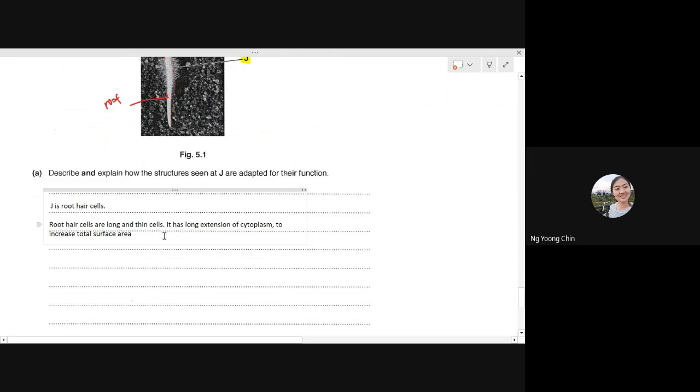So they want to increase total surface area in order to increase the rate of absorption for water and mineral ions. Okay, you can also say it has a thin wall.